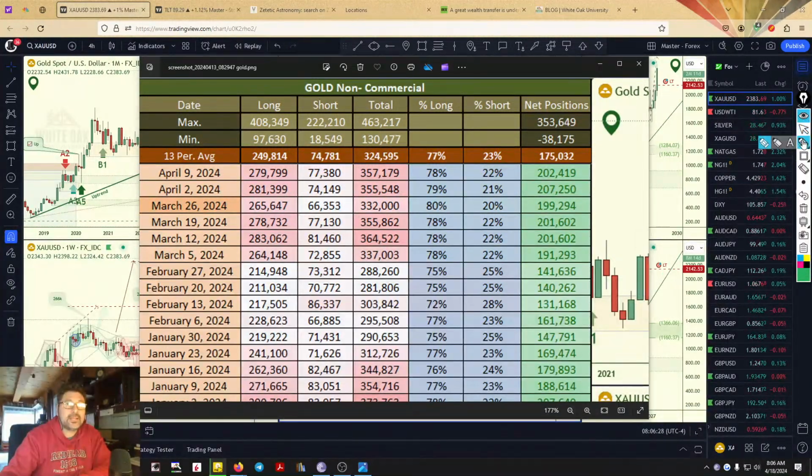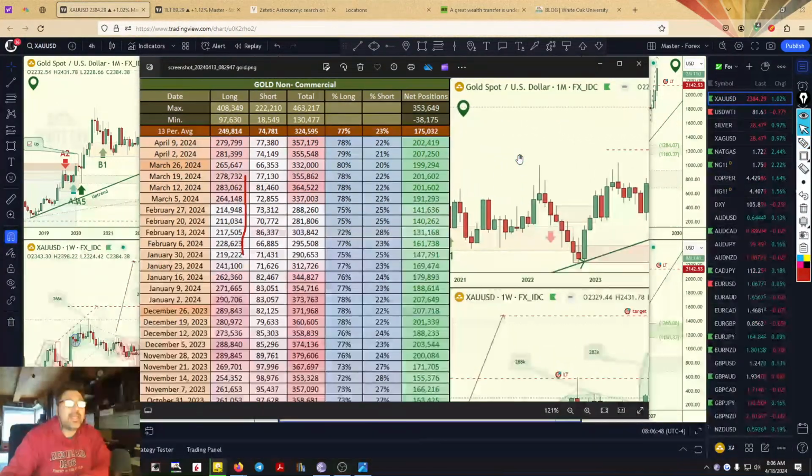And we've been pointing that out for some time. So they piled into long positions at the beginning of March, 264, 283, 278, 265, 281. A little bit of profit taking now, just a tiny bit. Nothing that would excite me or get me expecting a larger pullback at this point.